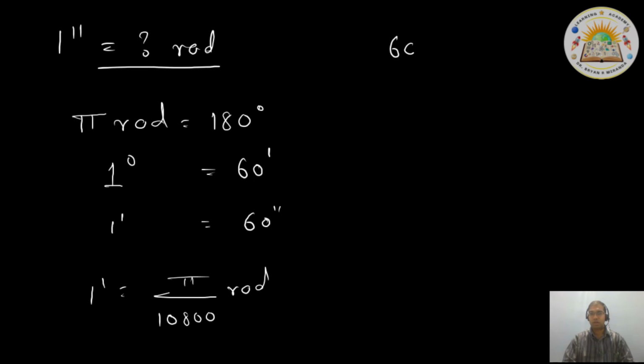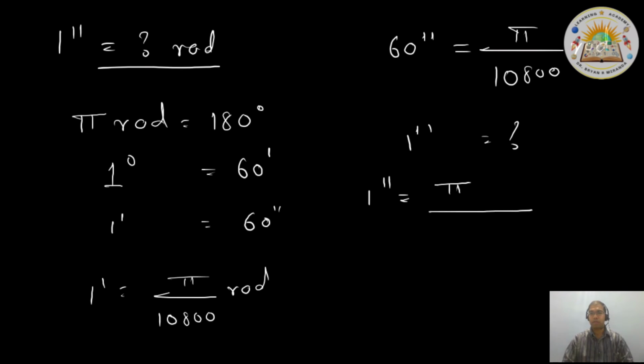If 60 seconds is equal to pi by 10,800 radian, then 1 second is equal to pi by 10,800 into 60.